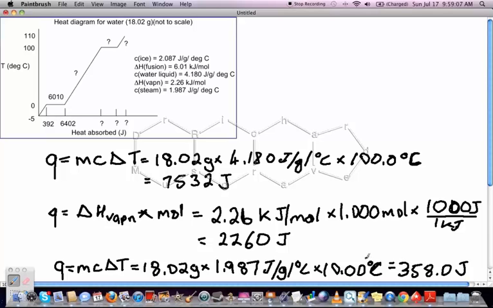Just to demonstrate, you can see how this cancels. You've got degrees Celsius, you've got grams. So you're never in doubt about which units to use or which quantities are going to give you the values you want.